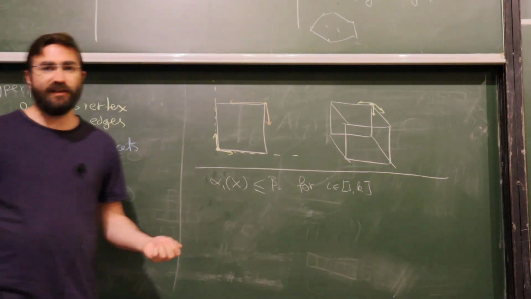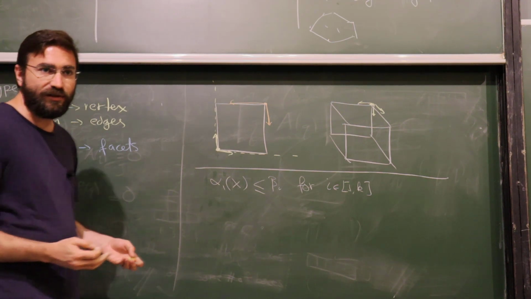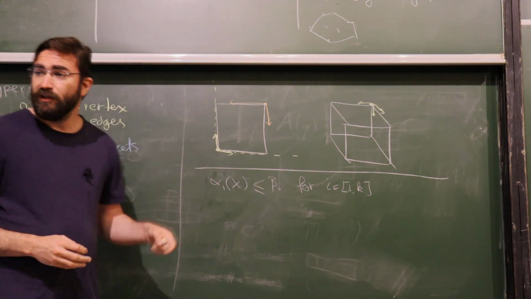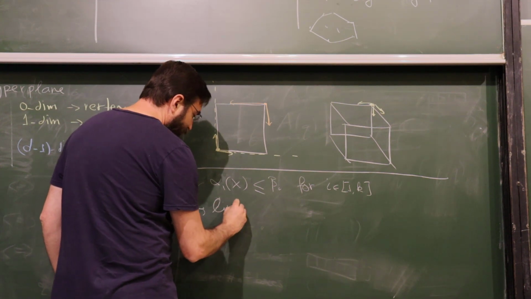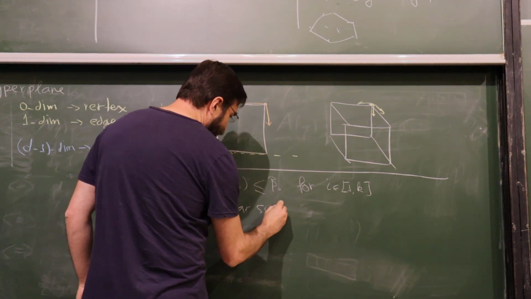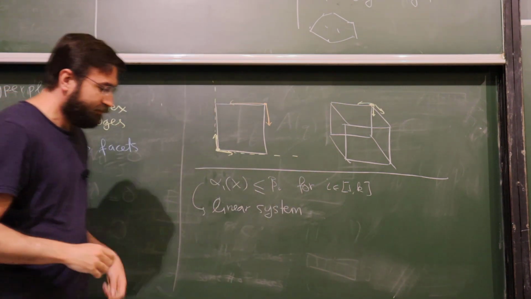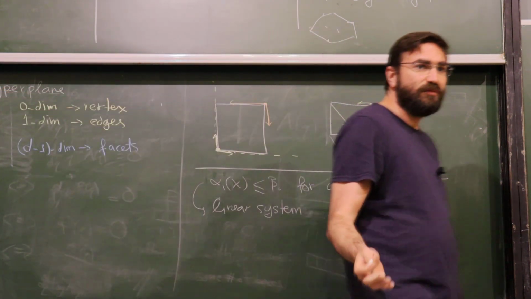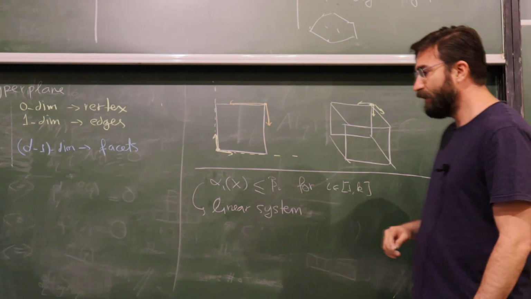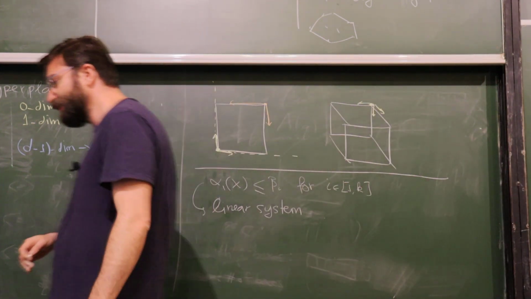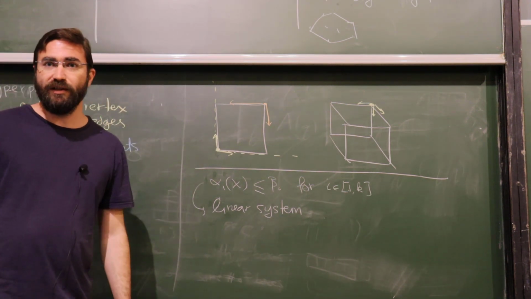It is the intersection of finitely many half spaces. So I have a linear system. Give me any linear system, this corresponds to a polyhedron, and any polyhedron is described in its H representation by a linear system.